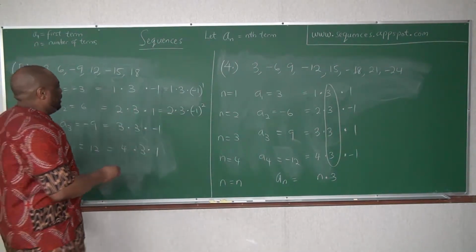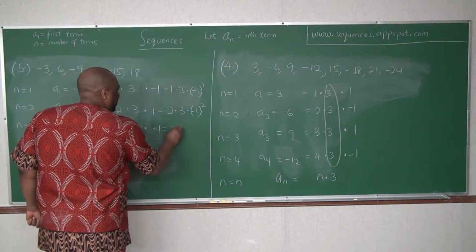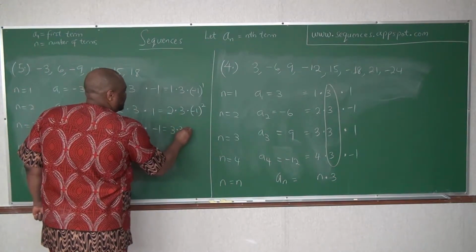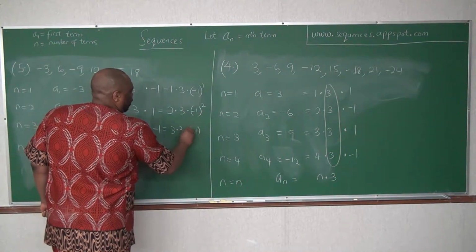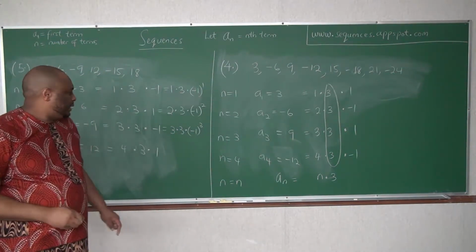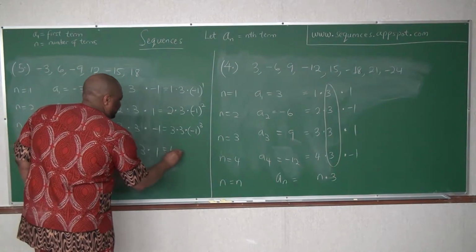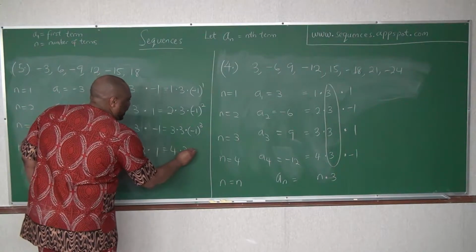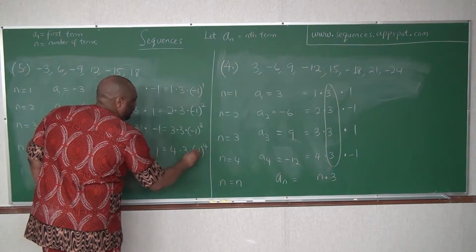See that? And this will be 3 times 3 times -1 all cubed. -1 all cubed is -1. And this is 4 times 3 times -1 all raised to power 4.